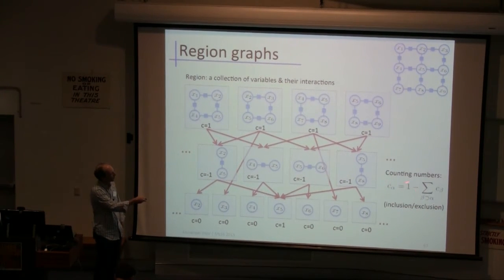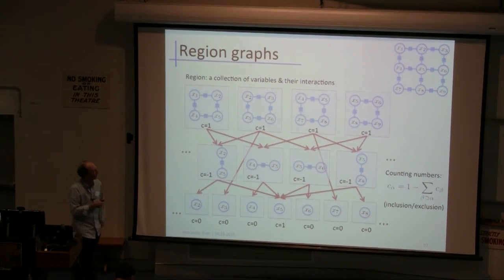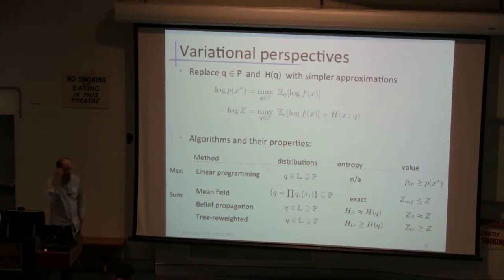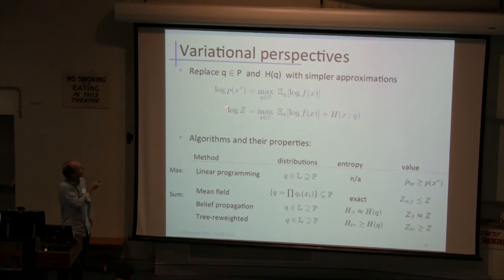So you'll set it equal to 1 minus the counting numbers of all the regions that already included it. So once you have these variational forms, you can define all kinds of approximations that will help you accurately approximate or bound either the objective or the partition function.